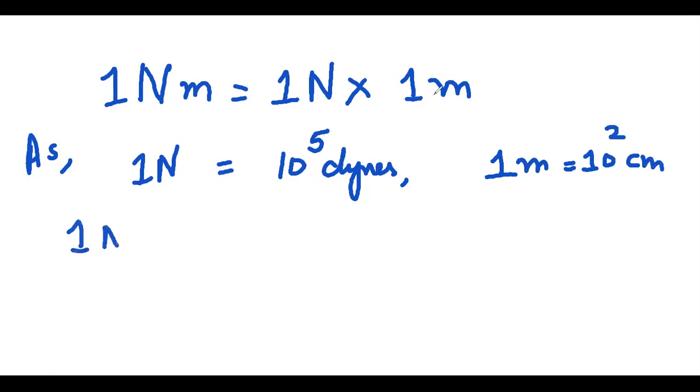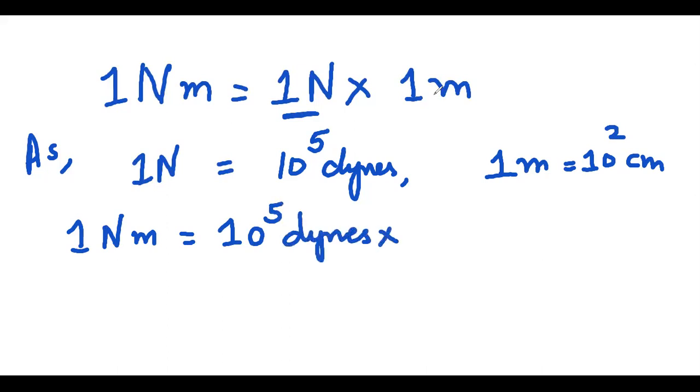So 1 Newton meter can be written as 10 raised to power 5 dynes multiplied by 10 raised to power 2 centimeter.